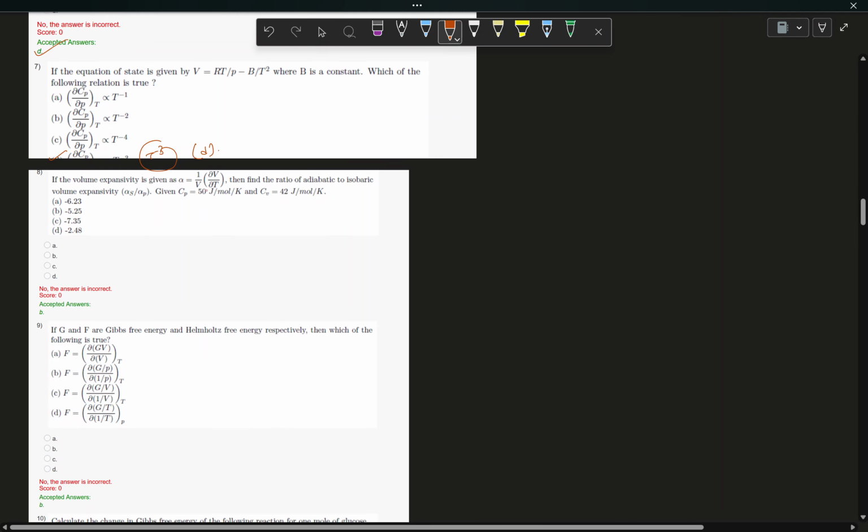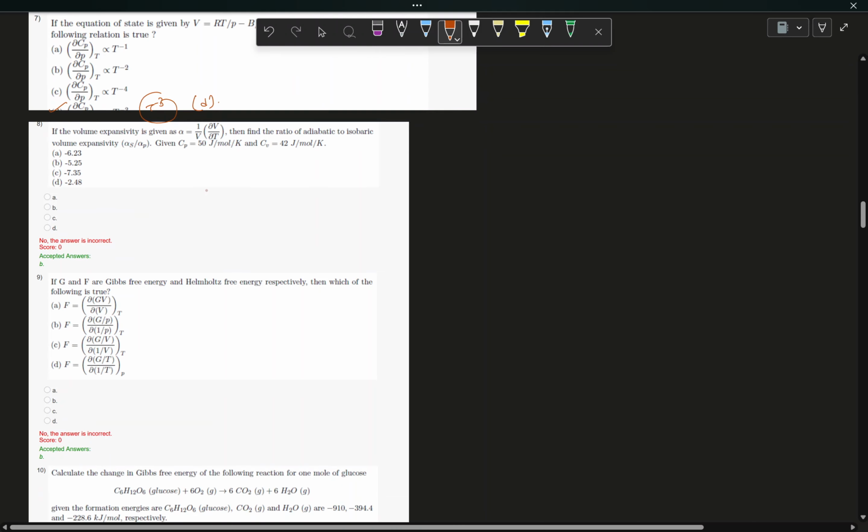Now question number 8, again this is also common with the current set of assignment. It is saying that if the volume expansivity alpha is given as this expression, which you already know as the volume expansivity formula, then find the ratio of adiabatic to isobaric volume expansivity, alpha S by alpha P. We had similar questions before where we had the isothermal and adiabatic elasticity ratio.